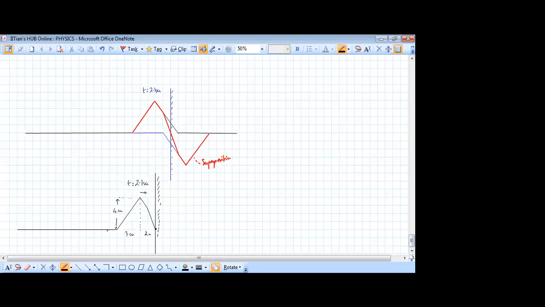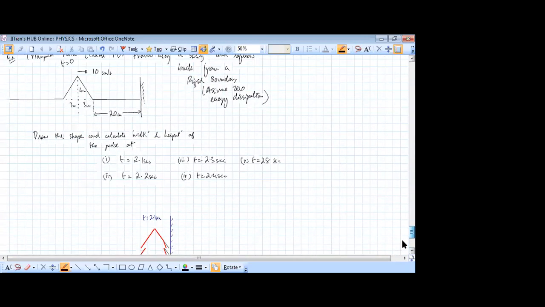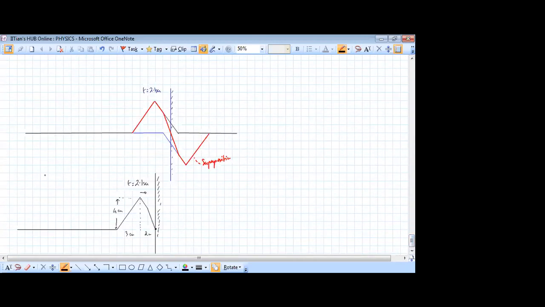So you can see how the shape of the string is changing. The shape of the string at the original time was like this, and from this. So in the picture before this, the shape of the string was something like this.